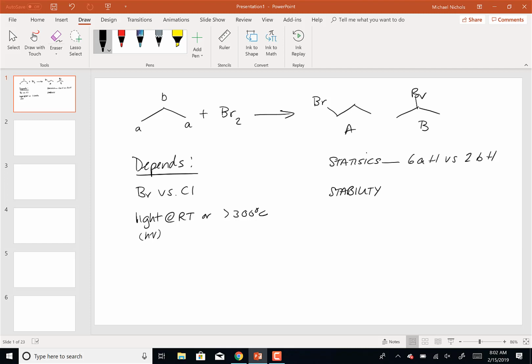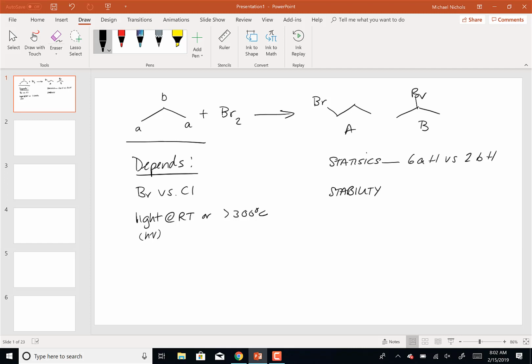Notice that I'm counting the original number of hydrogens in the reactant. So 6 hydrogens will give us product A, and 2 hydrogens will give us product B. So statistically A should be favored 3-to-1.